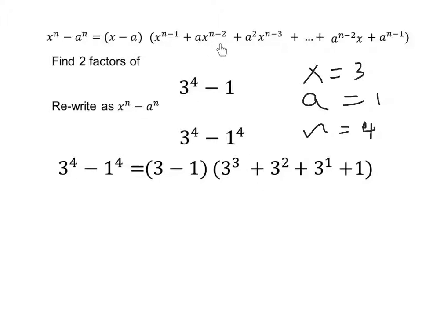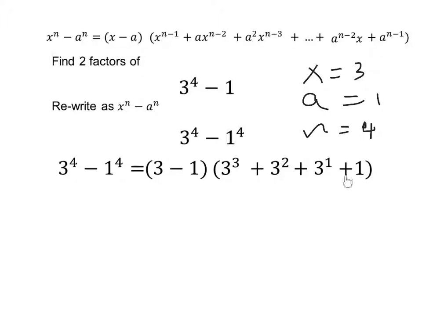So 1 times that. Then we go down in the exponent for 3. And then we go to the next one. Our a is 1. 1 squared is also 1. And then x to the power of, which is 3 to the power of 4 minus 3, which is 1. And then we go on until we get x equals 0. So we just go until it becomes 1 at the very end, until our n equals 0.